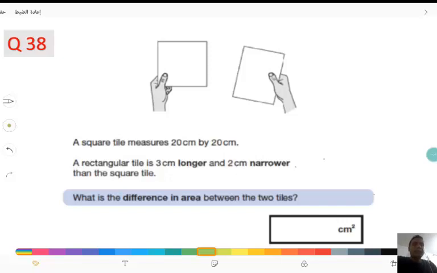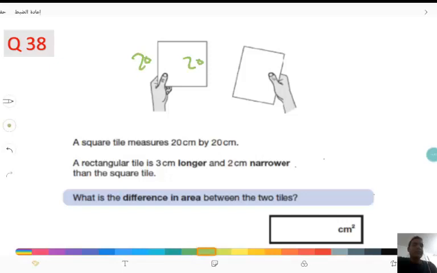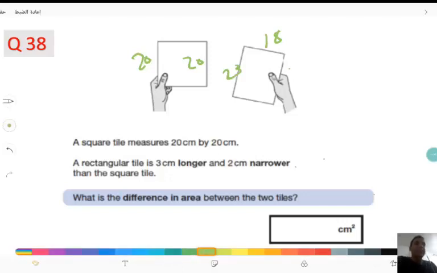A square tile measures 20 centimeters by 20 centimeters. A rectangular tile is 3 centimeters longer than and 2 centimeters narrower than the square tile. Alright, so this one is 20 by 20, and here it is 23 centimeters and 18; the width is 18, the length is 23.